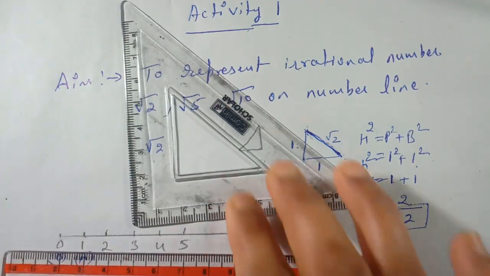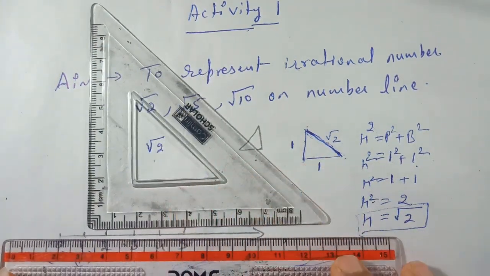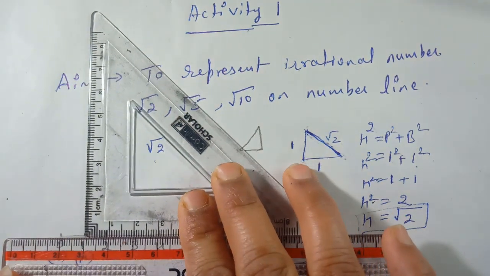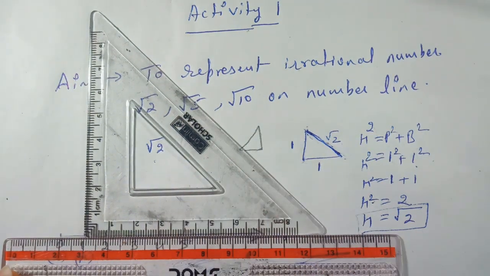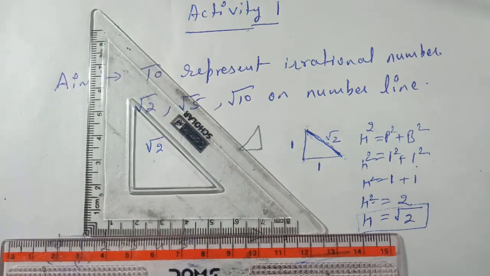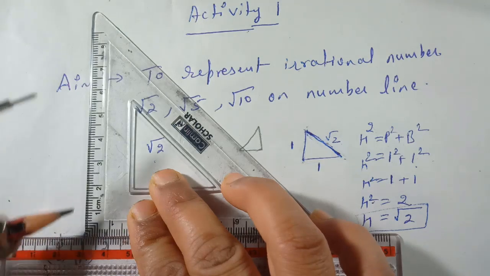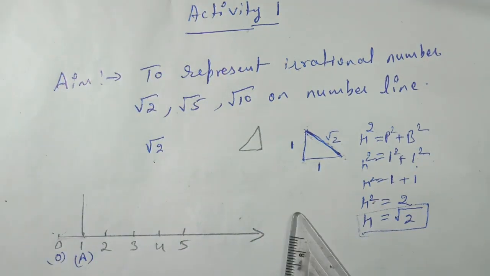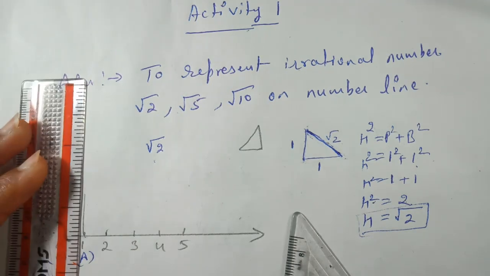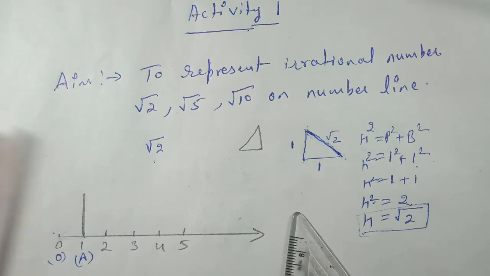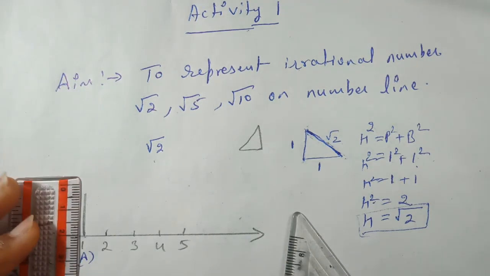We have the point A. Keep the scale on your line and the set square on the point A and draw the perpendicular on it. We have drawn the perpendicular. Now take this perpendicular equal to 1 unit.